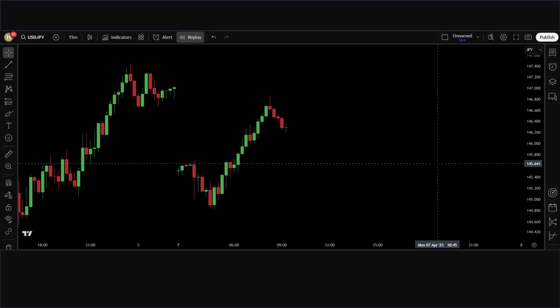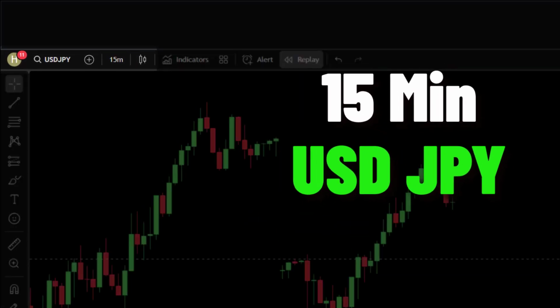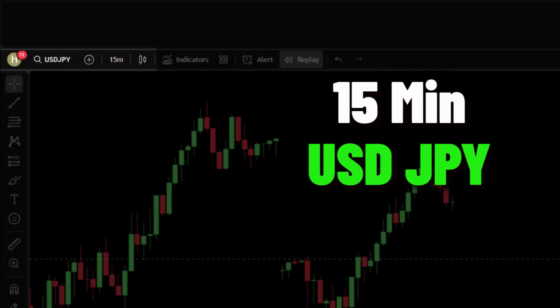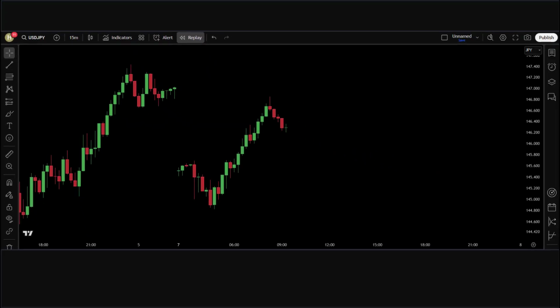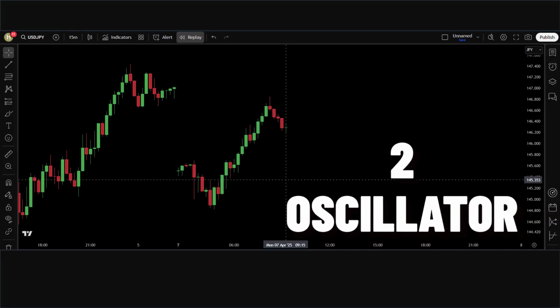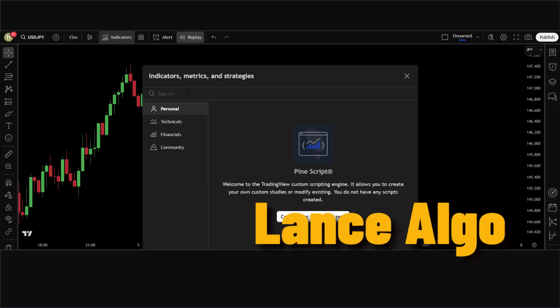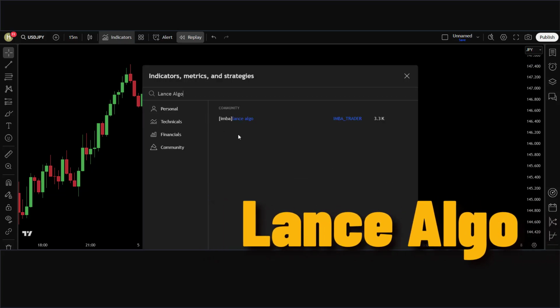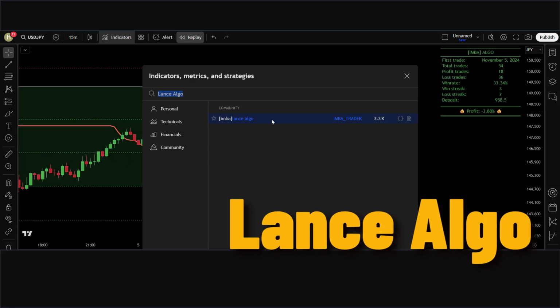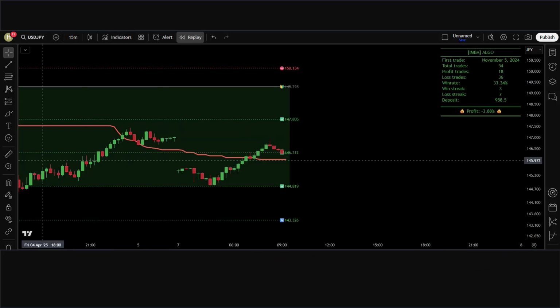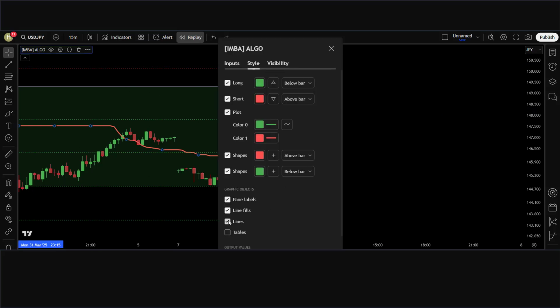Now let's create a trading setup. We are going to test this strategy on the 15-minute time frame in the USD JPY chart. In this setup we require two indicators. The first indicator name is Lance Algo. Keep the indicator settings as I have shown here.